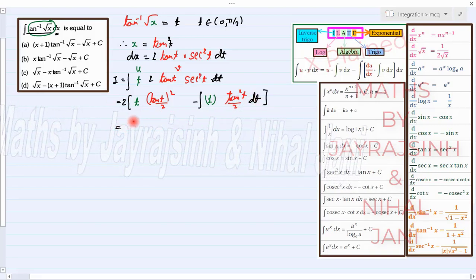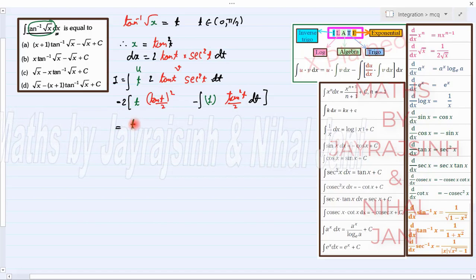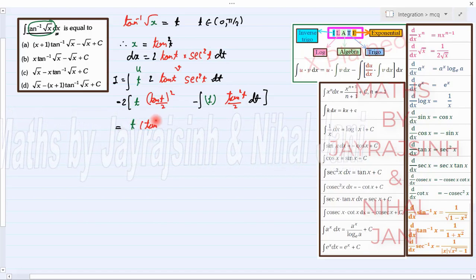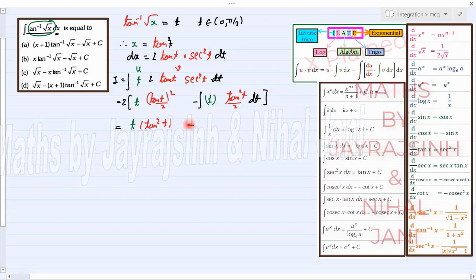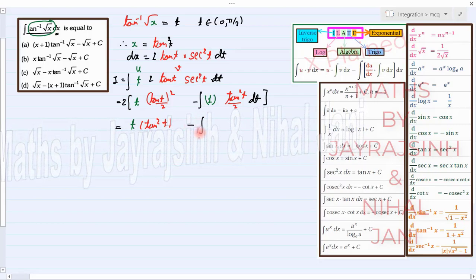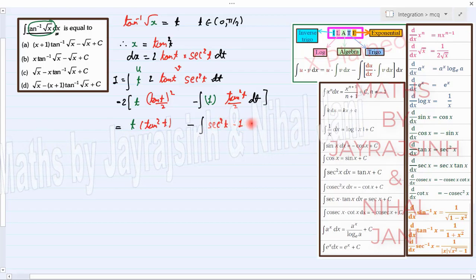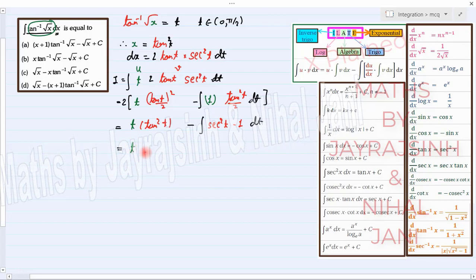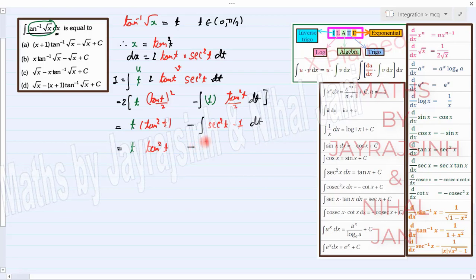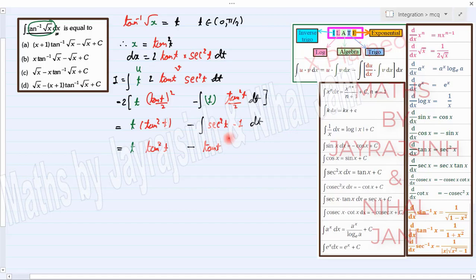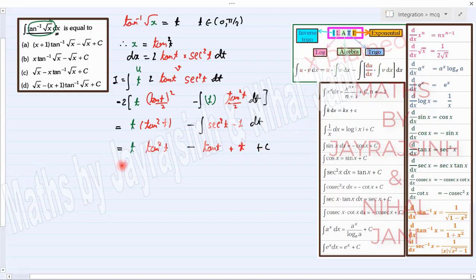Now let's multiply 2 within the bracket, so we will get t into (tan t) the whole square minus, we just have to integrate tan square t, which can be converted into sec square t minus 1. So here we'll get t tan square t minus the integration of sec square t, which will be tan t, and the integration of 1 will be t, plus c.